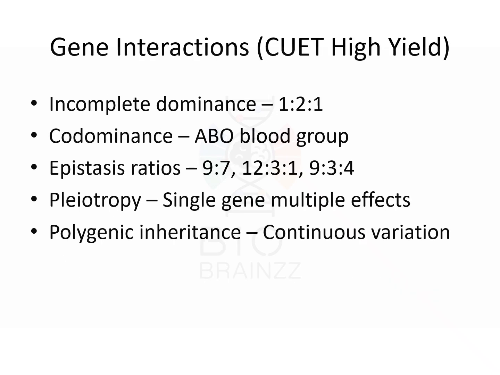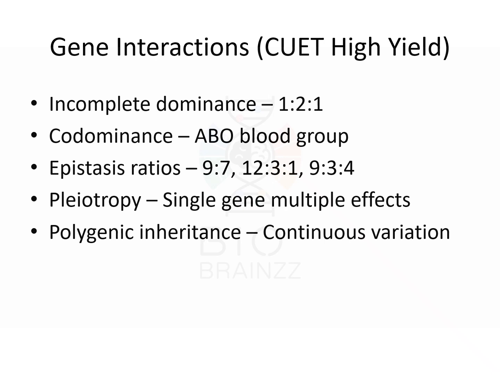Gene interactions. CUET high yield topic. Sometimes inheritance does not follow simple dominant recessive patterns because genes interact with each other. In incomplete dominance, the heterozygote shows an intermediate phenotype.